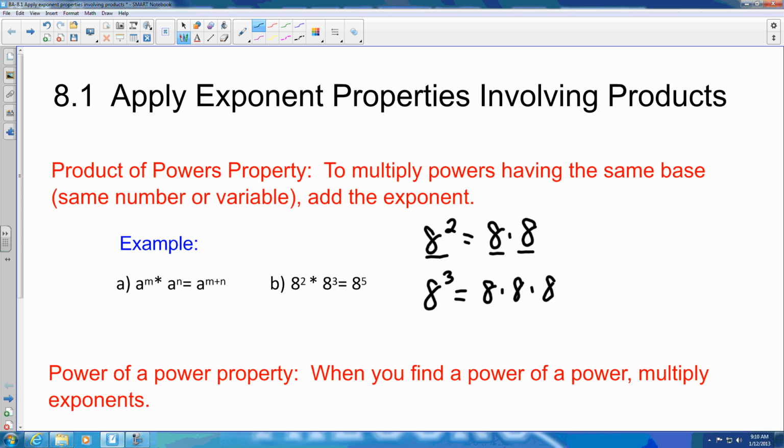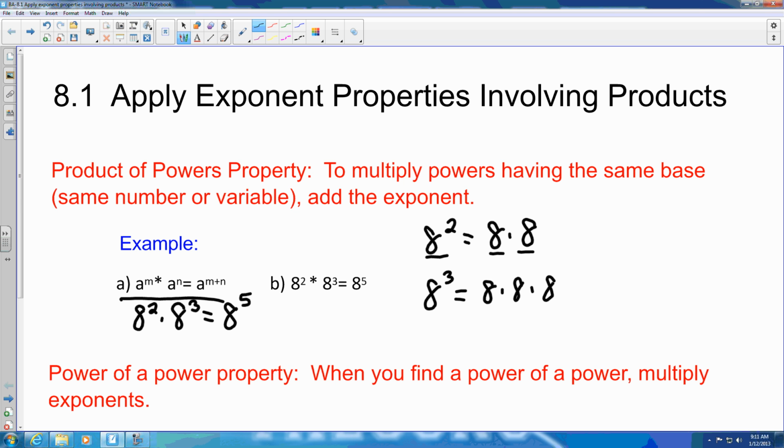Going back to what we used in example A, if we have a to the m, this is like a squared times a cubed. We can conclude that if we add our two powers, 2 plus 3, this would be a to the fifth.